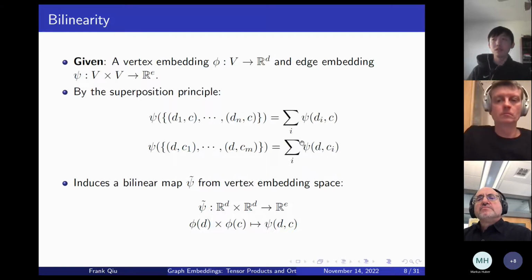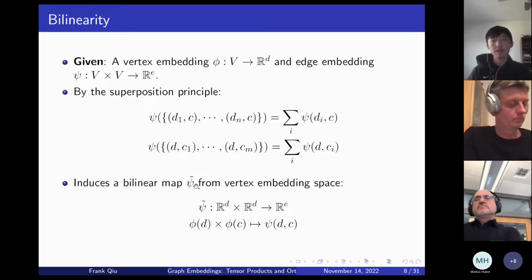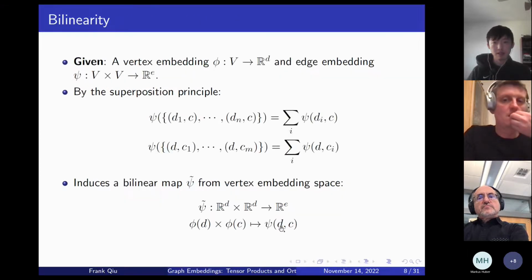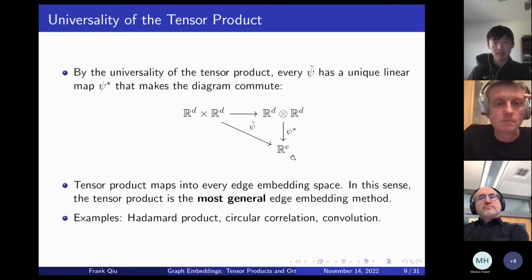I think as long as it respects the superposition principle, you agree that it has to follow these two equations, right? That's the definition, I would say. So if it follows these two definitions, then there's a natural induced bilinear map from the vertex, this Cartesian product into the edge embedding space called psi star, which is defined like this, psi star, like so.